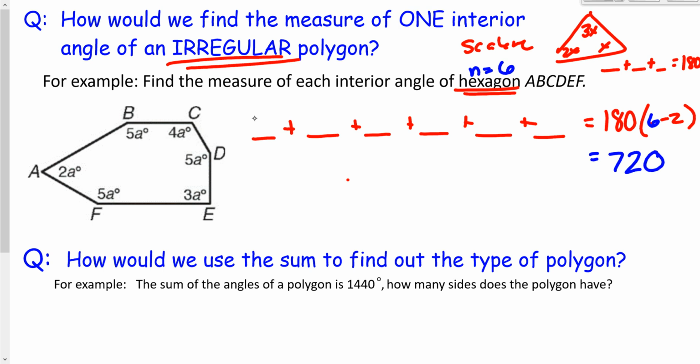When I add up all the angles, 2a, 5a, 4a, 5a, 3a, and 5a, when I add them all together, I get 24a. So I added up all the angles, I set it equal to its total of 720, and then I solve for a.